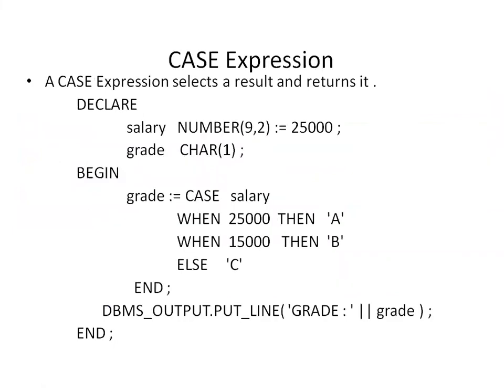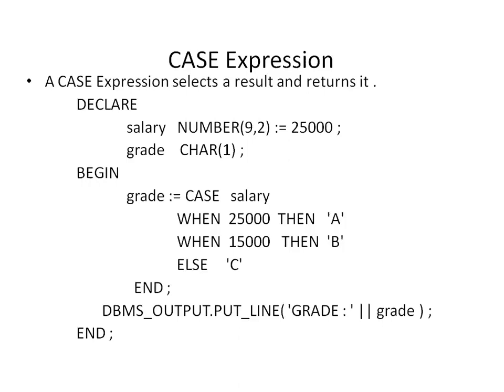The other thing is case. It is almost similar to the if condition, but we cannot use comparison operators here. It only validates equality. It cannot have a range condition, meaning greater than or less than. That kind of logic cannot be done using case, which is a disadvantage.